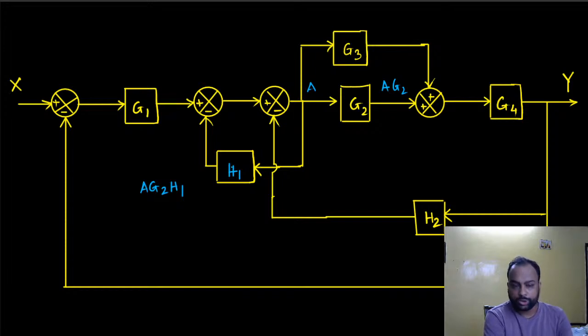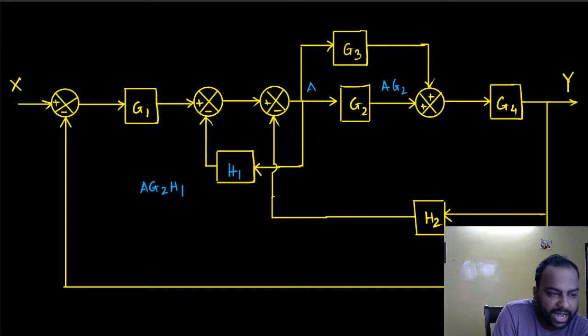Since A is going into this one, I have to modify this transfer function to cope for the changes I have made, because I moved this branch from here to here. I want A G2 H1 on the output. So of course this has to be G2 H1. Very simple, right? It has to be G2 H1.